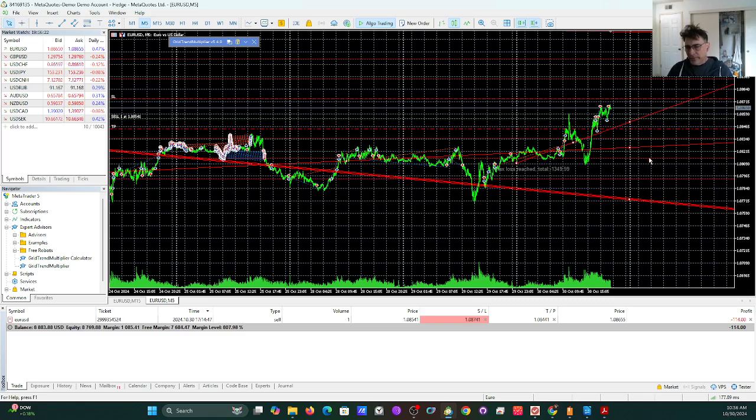So the best trade would be if it goes under here, and this would be a sell, and then a target, and then this line remains the stop. But as it looks right now, it looks like it's already in position for the buy side.